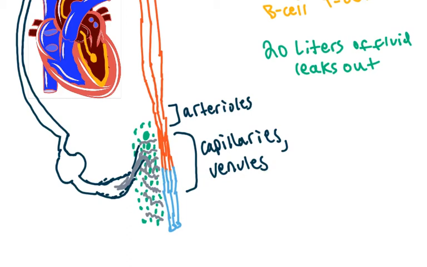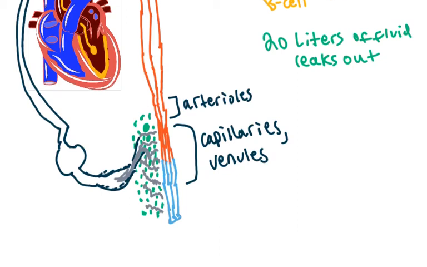So 3 liters out of the blood is very dangerous if there's nothing there to pick it back up and put it into circulation. So let's write that down first. So 20 liters of fluid gets leaked out of our blood capillaries. From here it gets leaked out, all this gray fluid that I represent with gray.